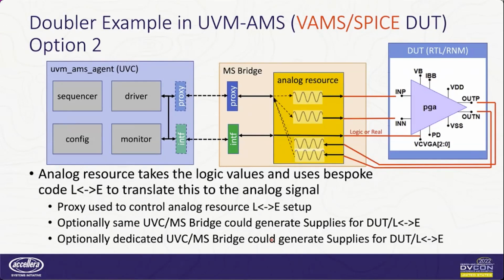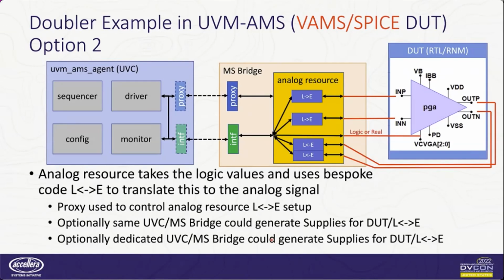So if it's a sine wave, you need to have the proxy. And I'm sorry, on the logic to electrical, if it's a logic to electrical, you do need to have a proxy in this case.